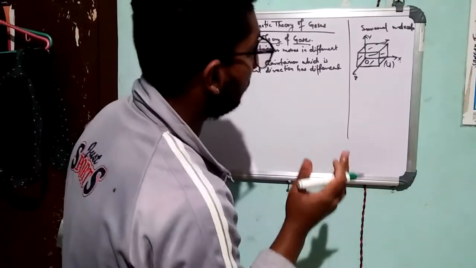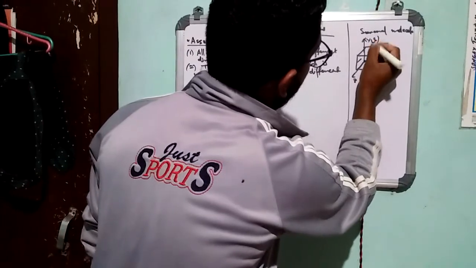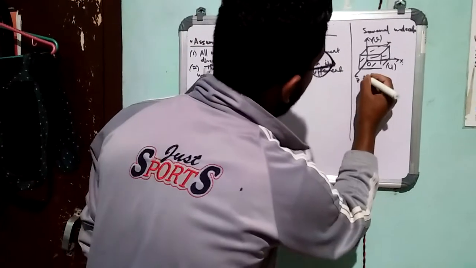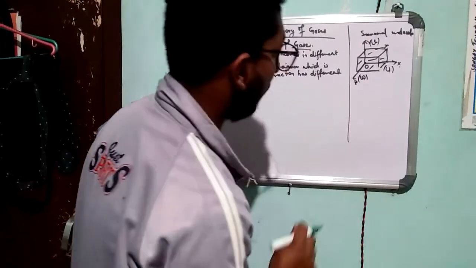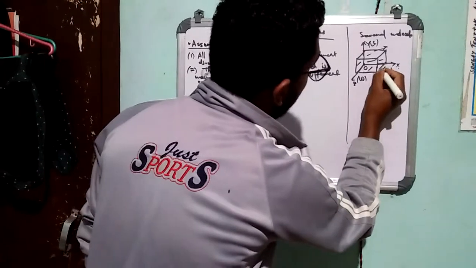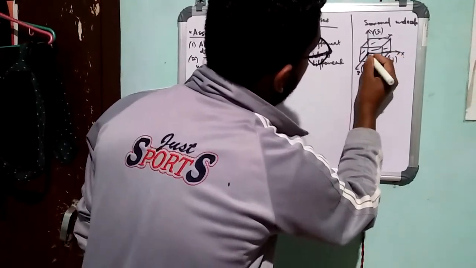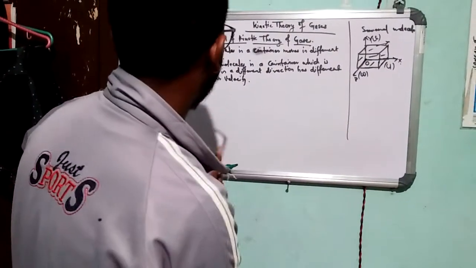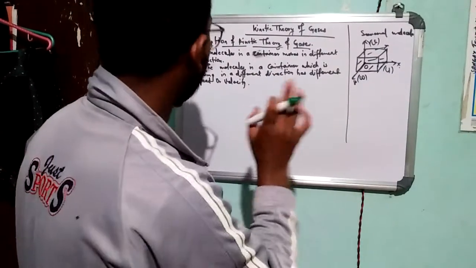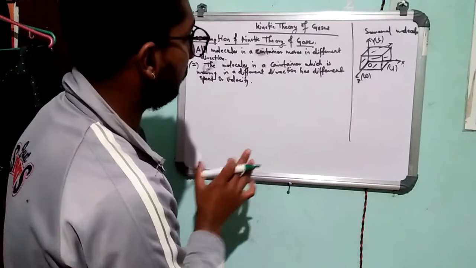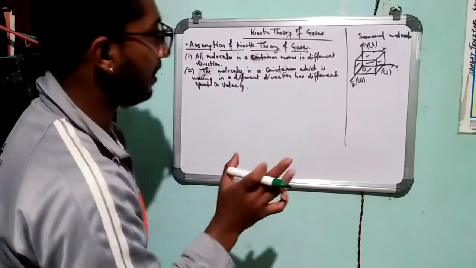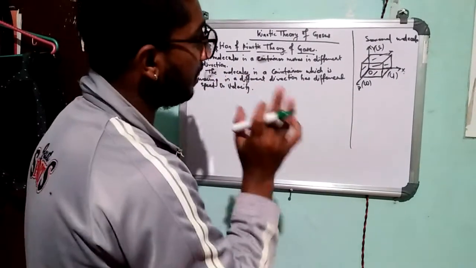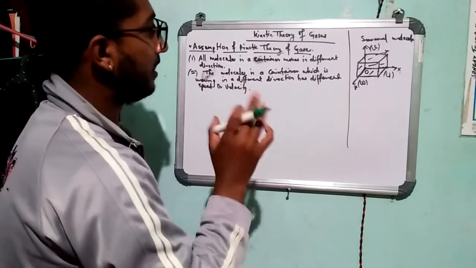The molecules moving along the y-axis have a speed v, and similarly the molecules moving along the z-axis have a speed omega. These are the main two assumptions, among all the assumptions, to be known by each and everyone studying kinetic theory of gases, and through these we can derive the pressure of kinetic theory of gas.